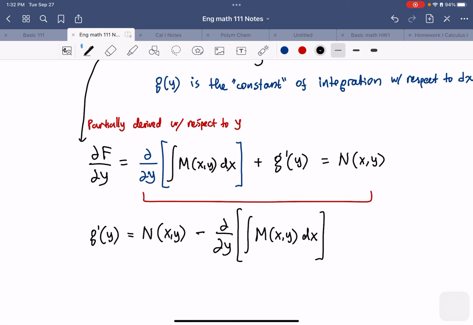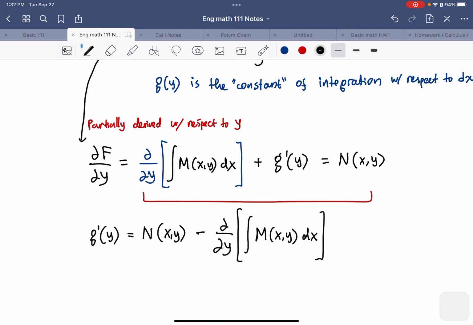Now, let's just say we have this, and we know this is g'. Let's try to derive one more time with respect to x, just to see what the correlation is between all of these notions here.